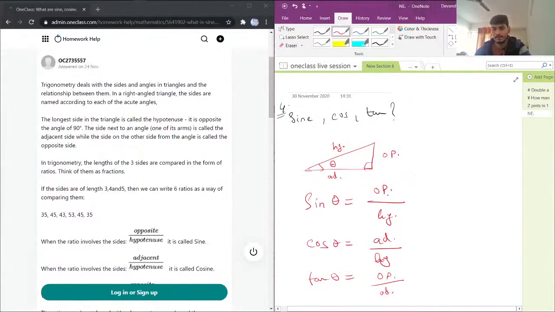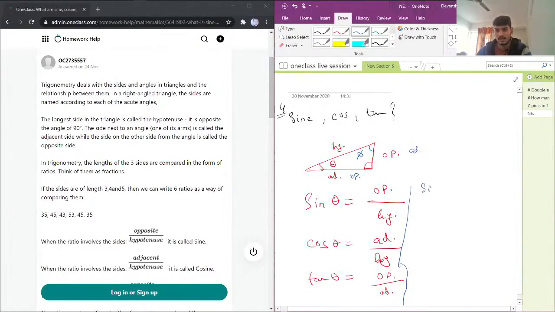So for example, if I have an angle here, say phi, then in this case my adjacent will be this side and my opposite will be this side, and the hypotenuse will not change.